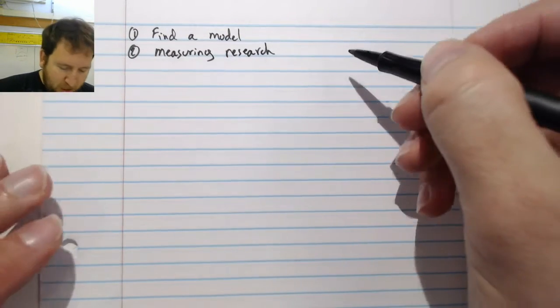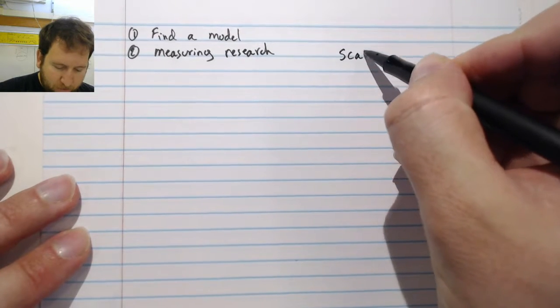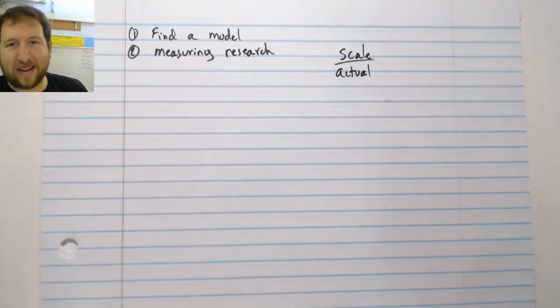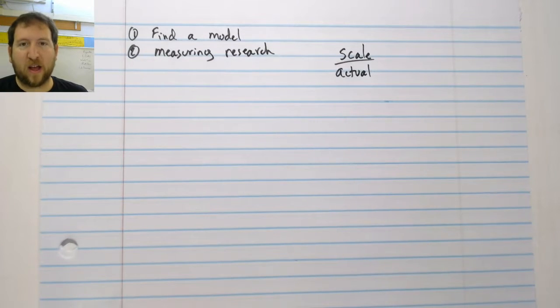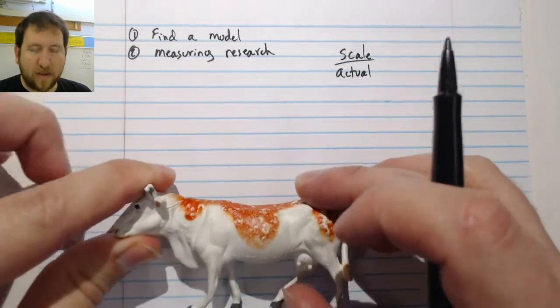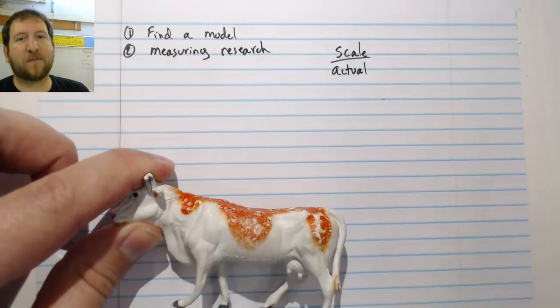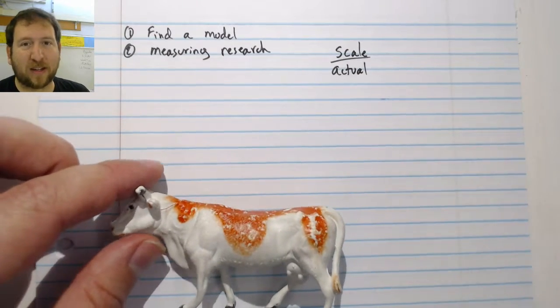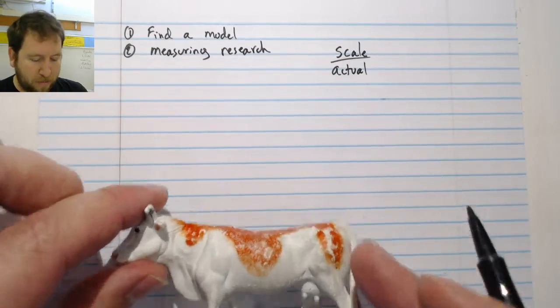Remember, we have our scale to actual. I need at least one of these in order to get my true size down. So I can find my scale by measuring it, and I have to find my actual by researching, because I don't have any cows in class, unfortunately, that I can go and measure.